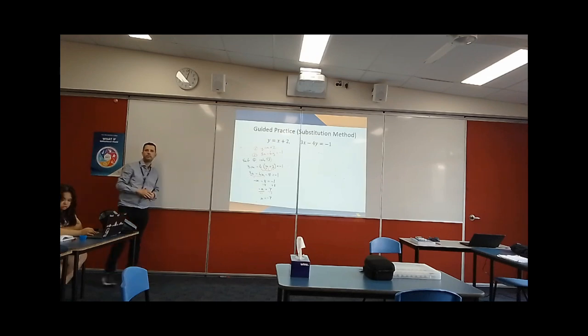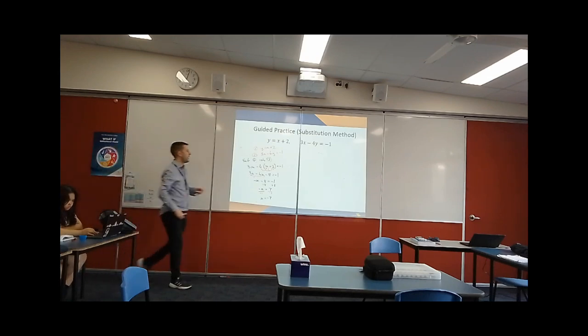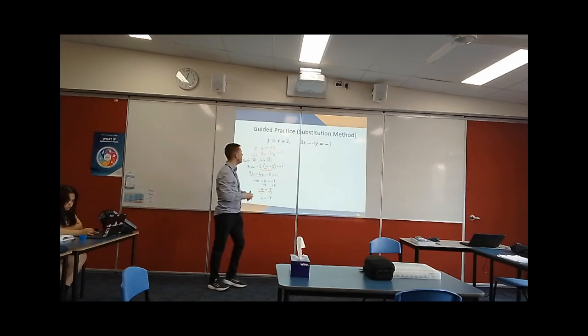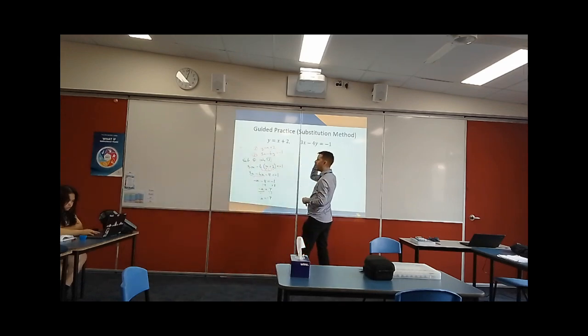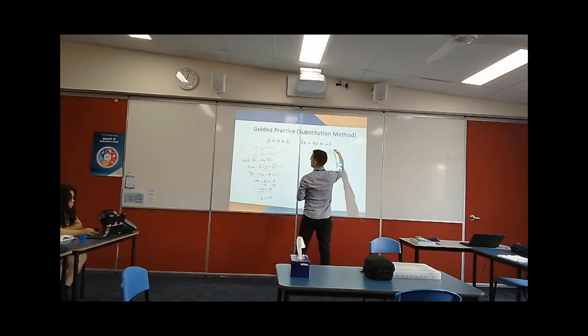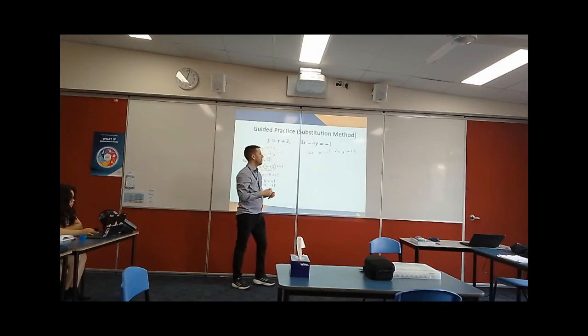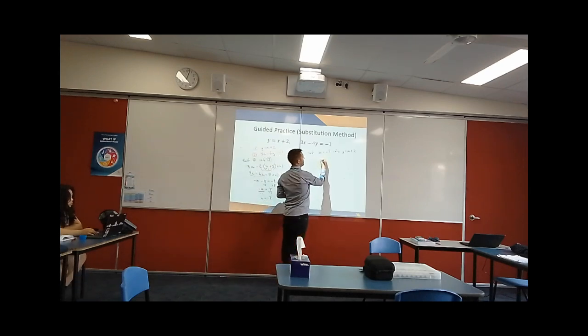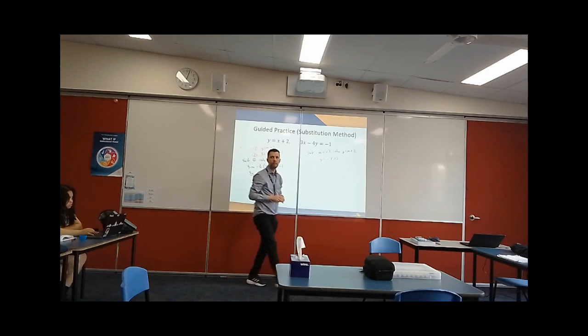Did everyone get that? The next thing you should have done is substitute that into the equation. I'm purposely picking my equation 1. So sub x equals negative 7 into y equals x plus 2. So straight away, I just need to go y equals, my x is negative 7, so negative 7 plus 2.